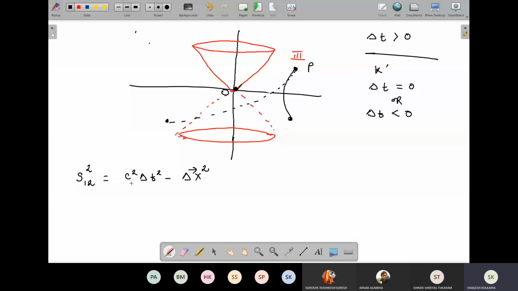So the important thing is, in this region you can go from t greater than 0 to t less than 0. I can always find a frame in which I can change the sense of time.